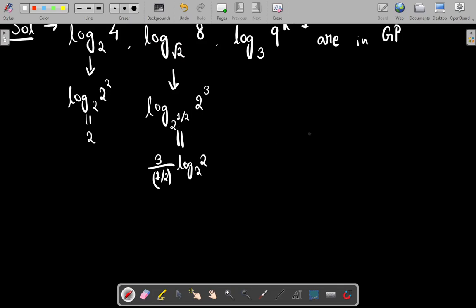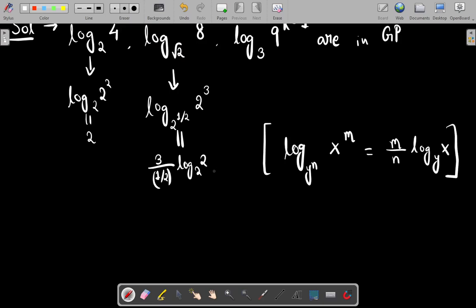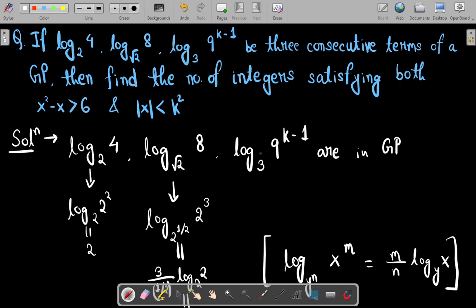The formula is: log of x to the power m to the base y to the power n is m upon n times log x base y. This is what I have used here. So this now becomes 3 upon half, which is 6, and log 2 base 2 is 1 again. So this is the second term.